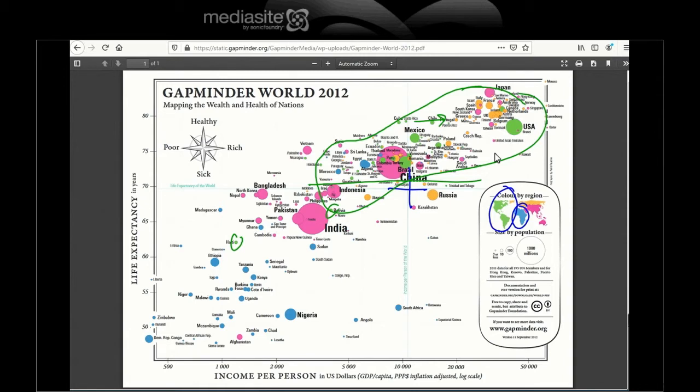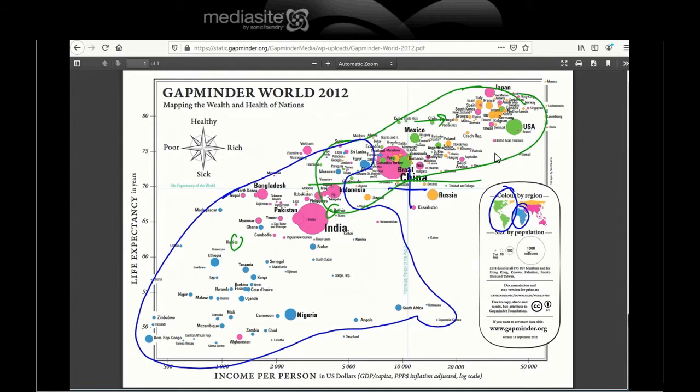While in Africa, the majority of them are not healthy and not very rich.